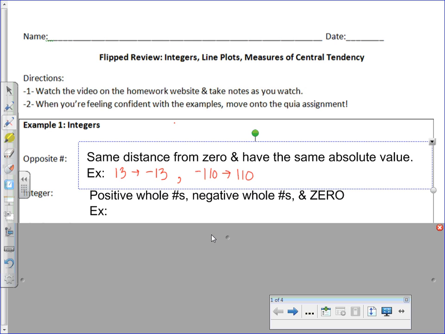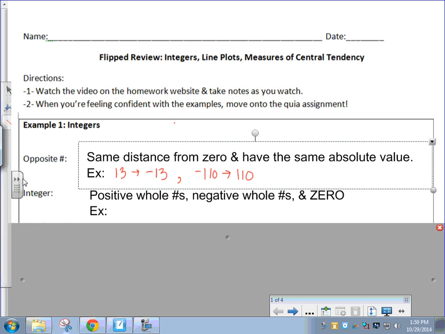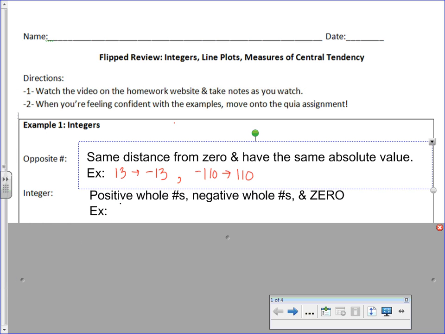Integers are positive whole numbers, negative whole numbers, and the number 0, which is neither positive nor negative. Some examples of integers are 1, 14, and negative 11.